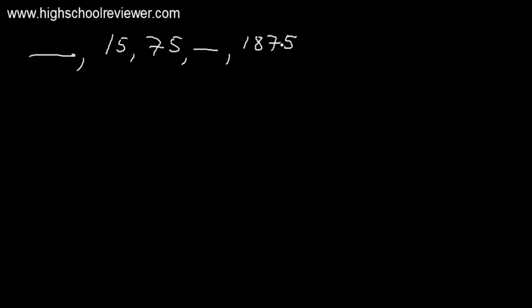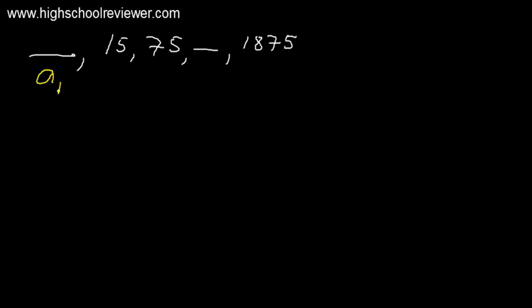Geometric sequence. Our given, we have a blank term, positive 15, positive 75, and then we have another blank term and positive 1875. So the first term, we will call this our a sub 1.